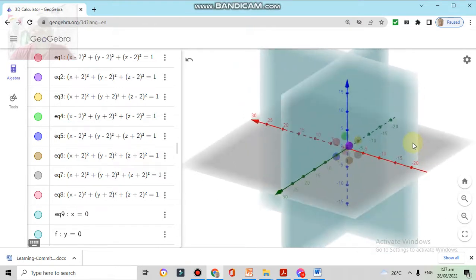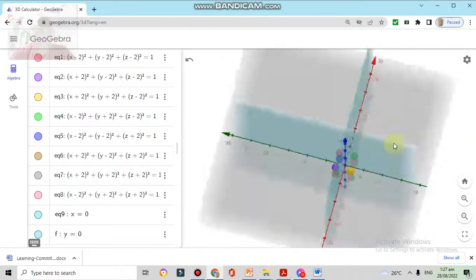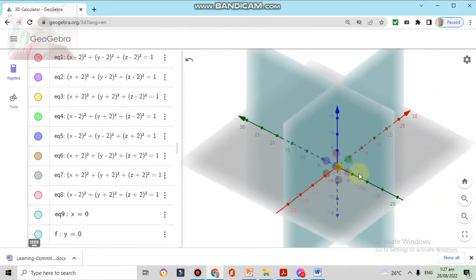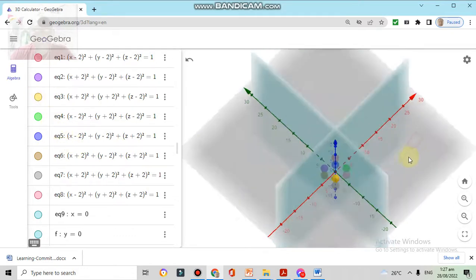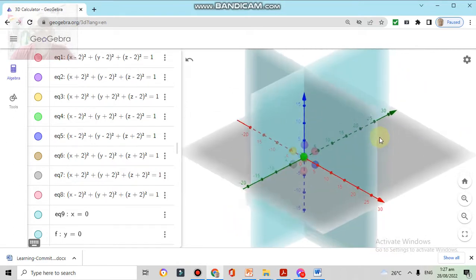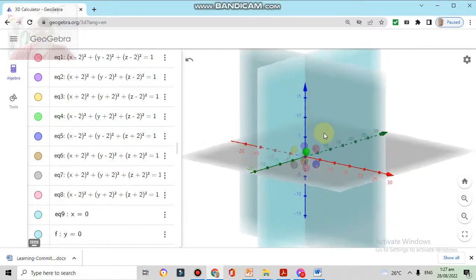How about this violet ball? The subspace containing the floating violet ball is the second octant. The subspace containing the floating yellow ball is the third octant. The subspace containing the floating green ball, we call the fourth octant.